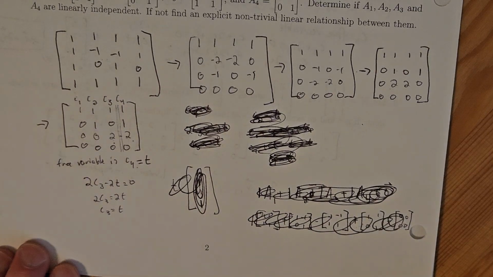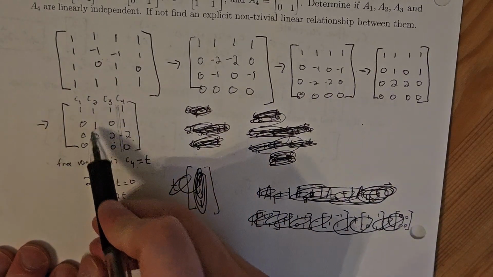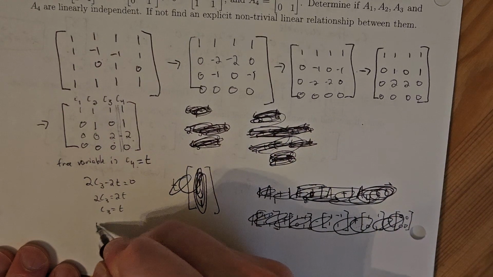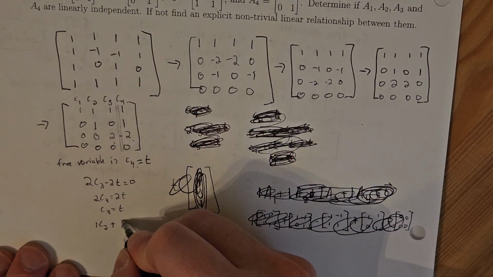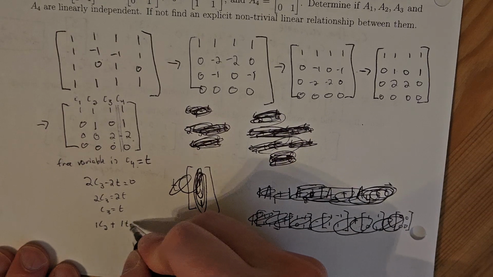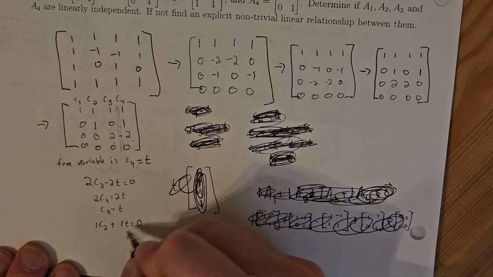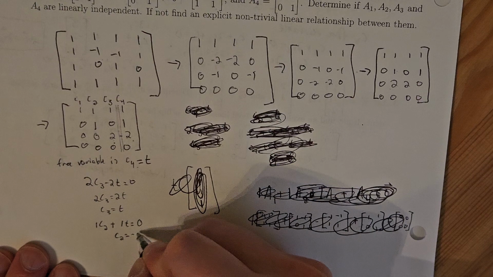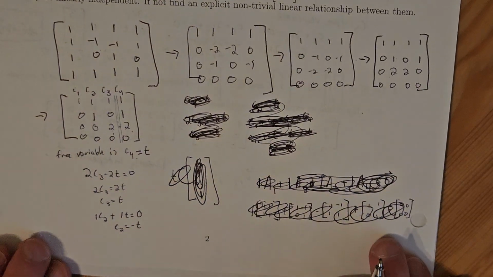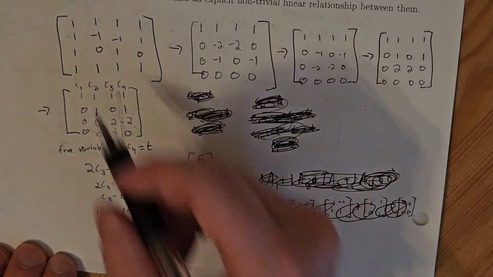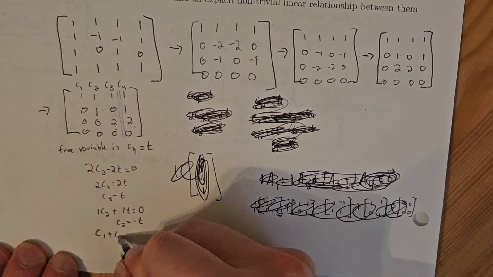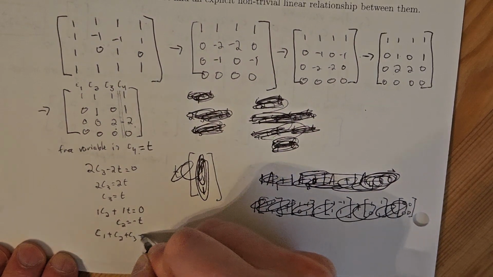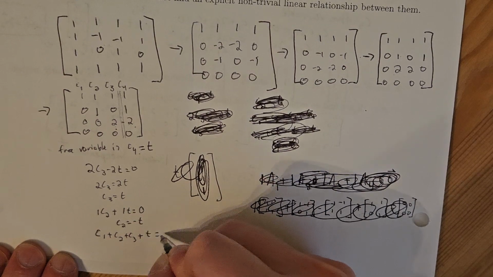And then we can keep going. C2, 1C2 plus 1C4, which I'm calling T, is equal to 0, so C2 is equal to negative T. All right. And then finally we get C1 plus C2 plus C3 plus C4, which I called T, is equal to 0.